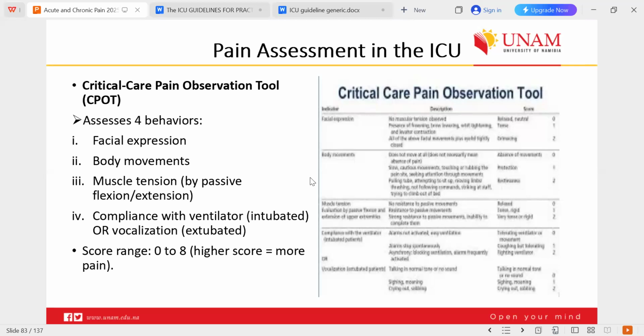So the CPOT also caters for patients who are not ventilated, especially those who have talking tracheostomy tubes, who may be able to vocalize the intensity of their pain.